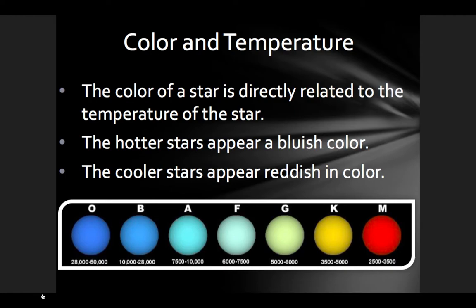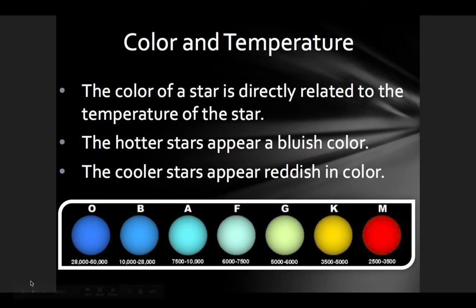But think about if you've ever looked at a candle up close, and you can see the hottest part of the flame is actually right around where the wick is at, and it's usually kind of a bluish color. So it's kind of just related to what a star is like. Cooler stars appear reddish in color, and you have in between kind of fading from blue to a pale yellow, then a brighter yellow on up to red, being the actual coolest.